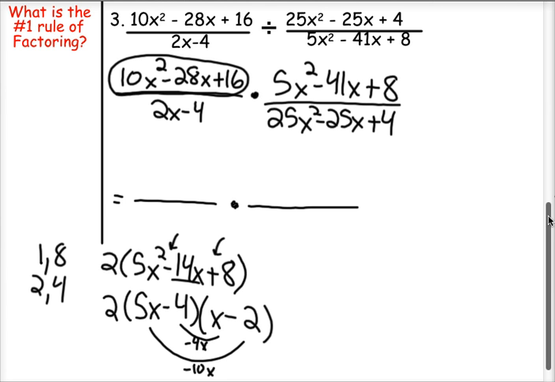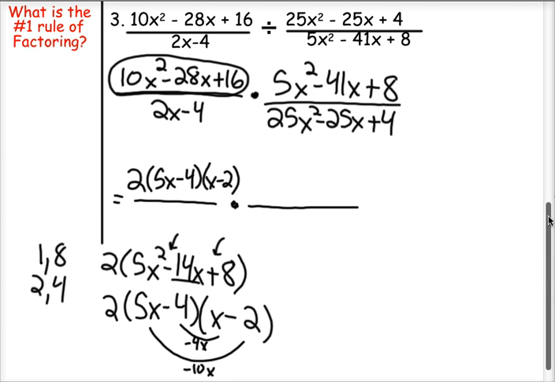That does give me the negative 14x that I'm looking for. So for that first piece, we're getting 2, 5x minus 4 and x minus 2. So that's what goes right there.